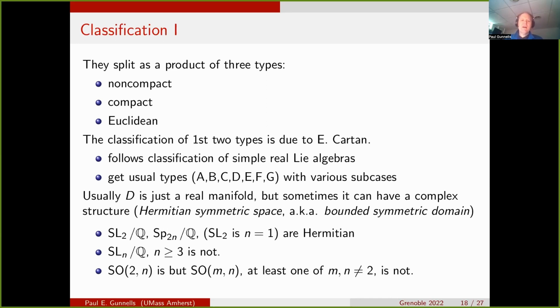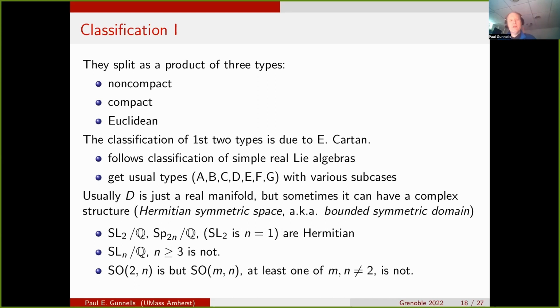If you classify simple complex Lie algebras, you just have the types A through G. But when you look at real Lie algebras, you have various subcases, because there are things that happen over the real numbers that disappear when you pass to the complex numbers. You can already see that with bilinear forms. Over the complex numbers, a symmetric bilinear form doesn't have a signature, but you have that over the real numbers.